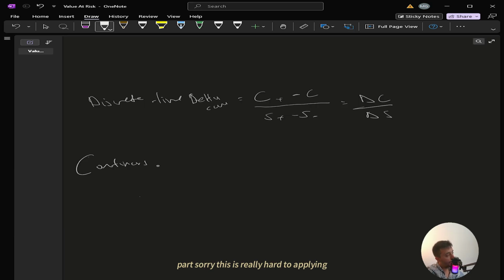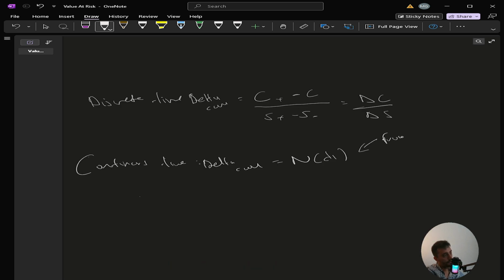This is really hard to apply when you are calculating delta, but we have an easy formula. Continuous time delta call equals N(d1). Where does N(d1) come from? What does that mean? This is the cumulative normal distribution, guys, from the Black-Scholes-Merton formula.